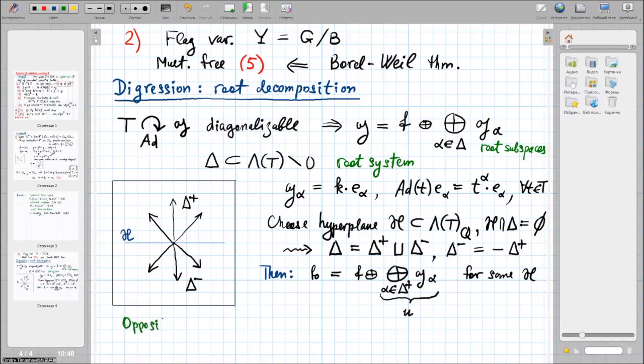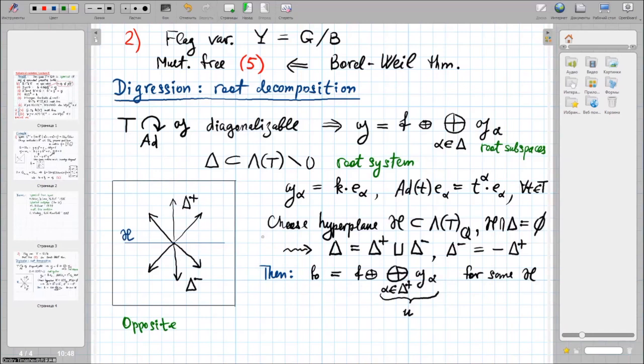Is it chosen so that the set delta is symmetric with respect to H, right? The hyperplane H can be chosen so that the Borel subalgebra is the sum of the Cartan subalgebra and those root subspaces which correspond to the roots from delta plus, from this upper half space.